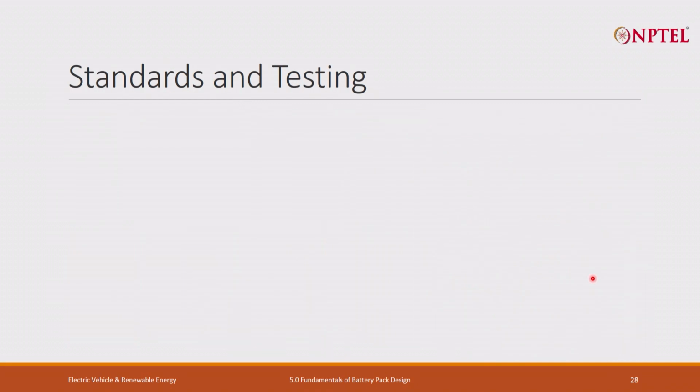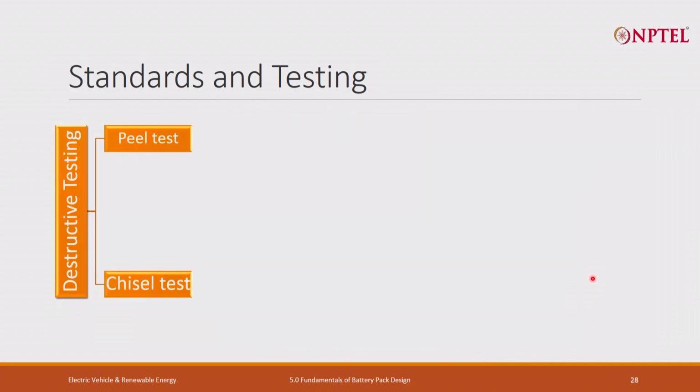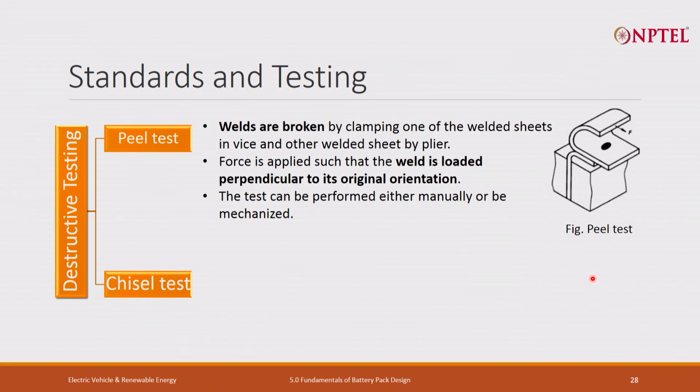How do you test these weld joints? There are different tests, the peel test and the chisel test. In the peel test, you pull out the weld at some particular force, and if it has come out, then you know the welding strength. Force is applied in such a way that it is always perpendicular to the original orientation of the weld.